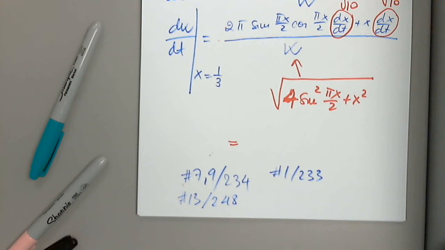Close the parenthesis, and now a little struggle with the denominator, the square root of 4 sine pi over 6 squared and then plus a 1/9.